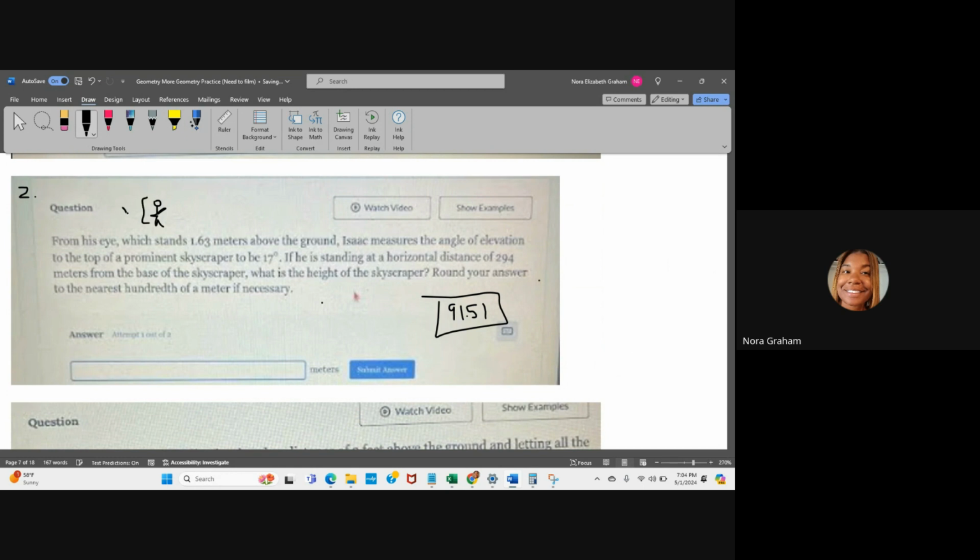So let's annotate that in our drawing. And then he also has an angle of elevation, right? Okay, and he's also looking at a skyscraper. Remember, angle of elevation is right here. And they say that's going to be 17 degrees.